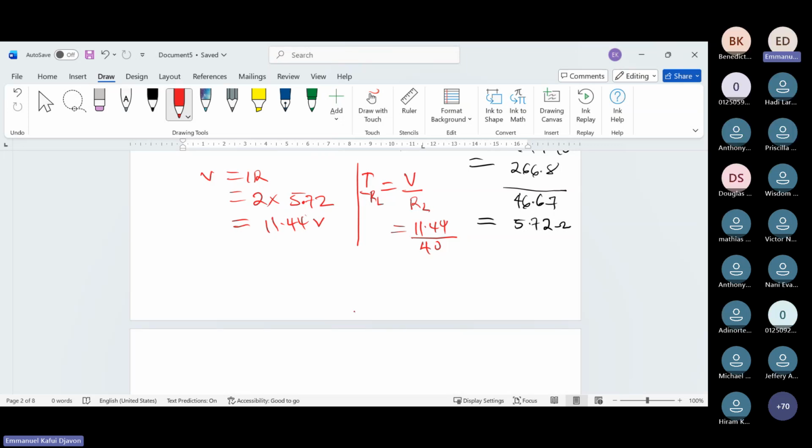So what would that give us now? 0.286 amps. So this is the current flowing through the load resistor.